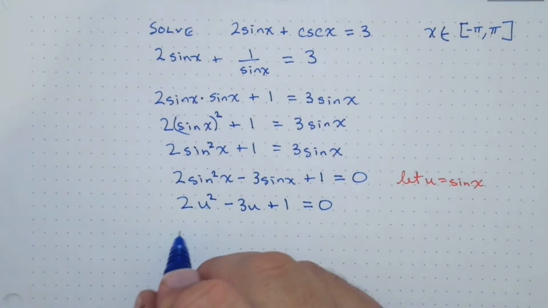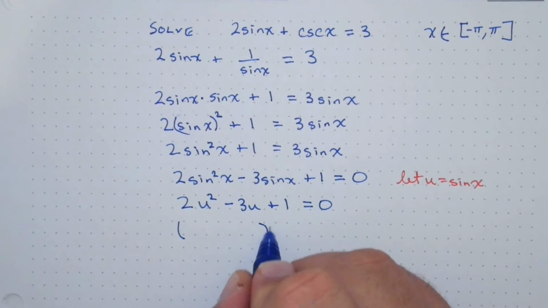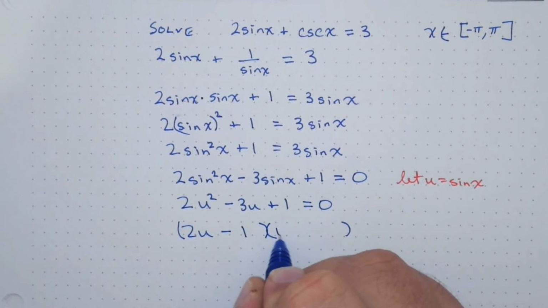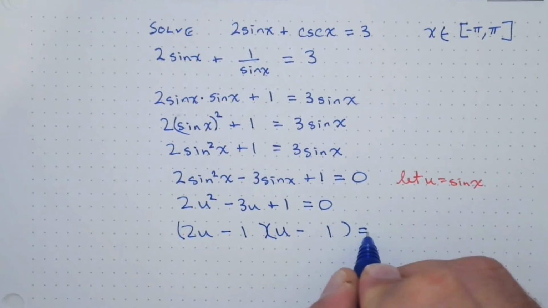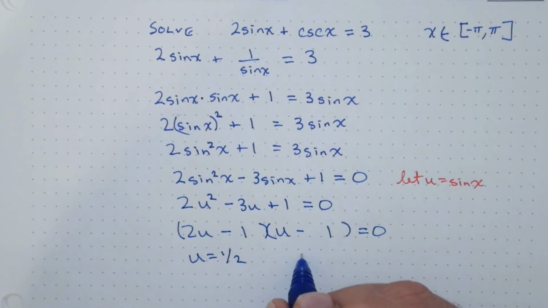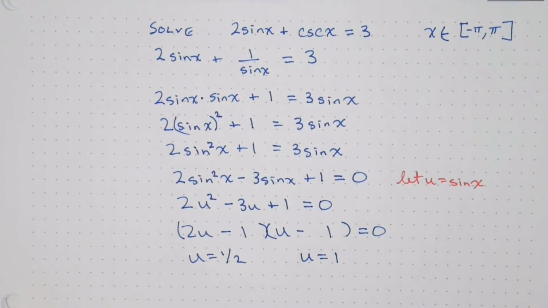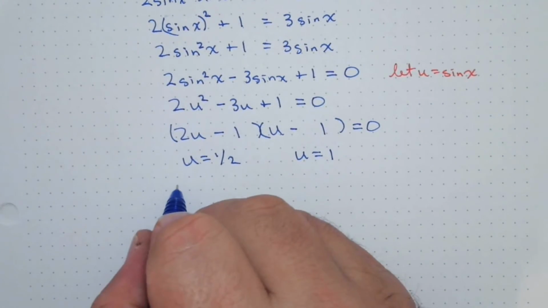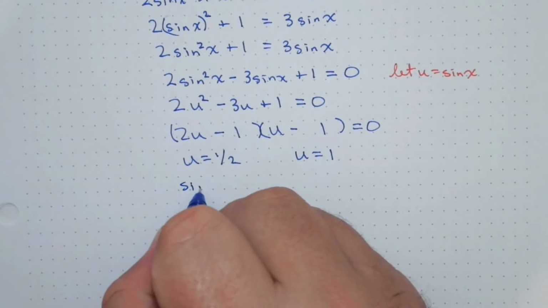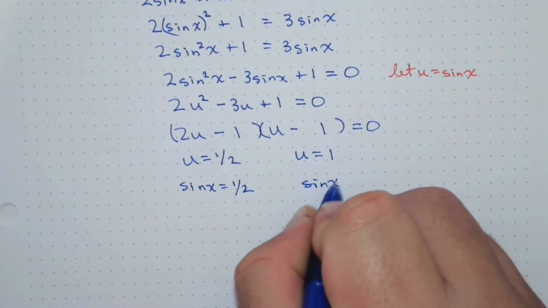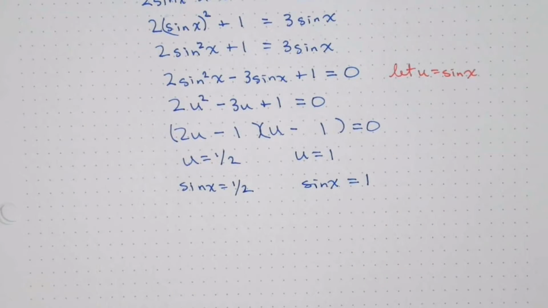So if I factor, there should be a 2u minus 1 and a u minus 1 equal to 0, which means u is 1/2 or u is 1. But what was our substitution? So sine of x is equal to 1/2, or the sine of x is equal to 1.